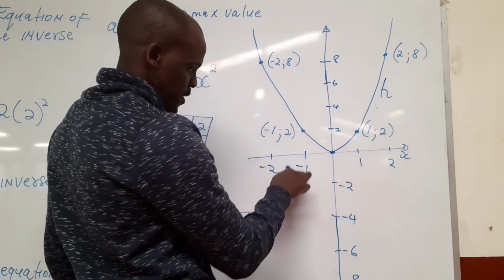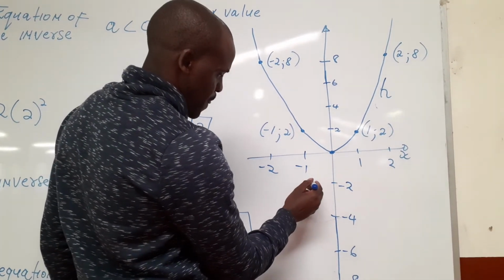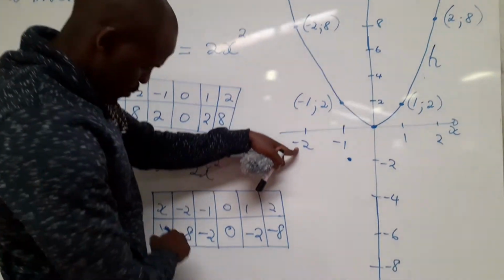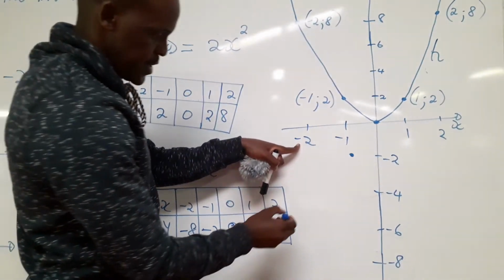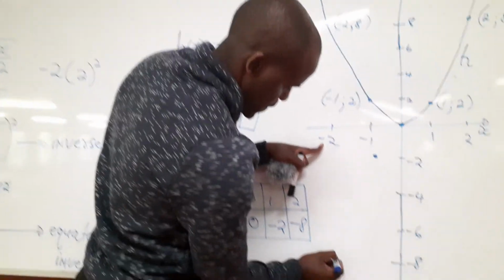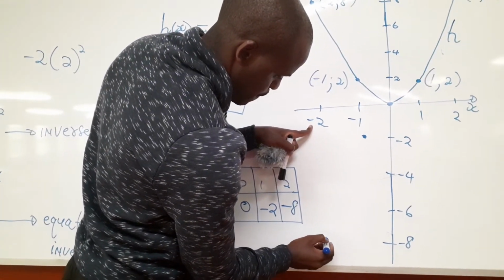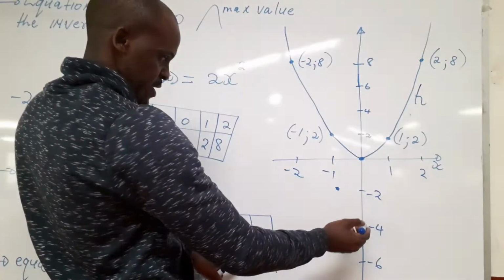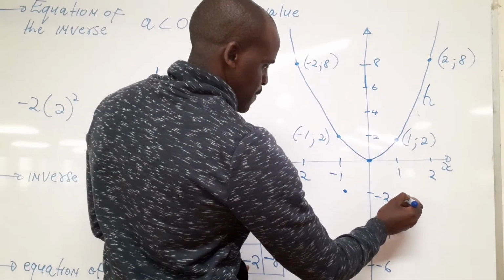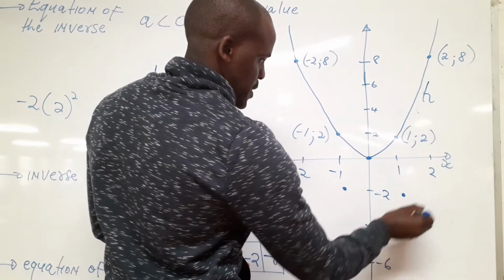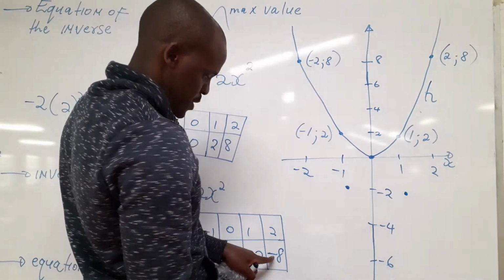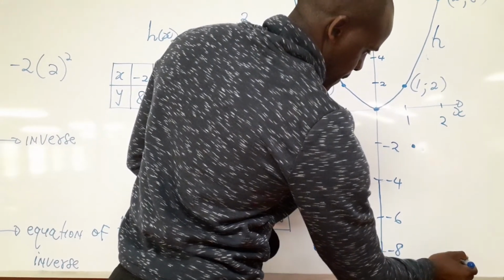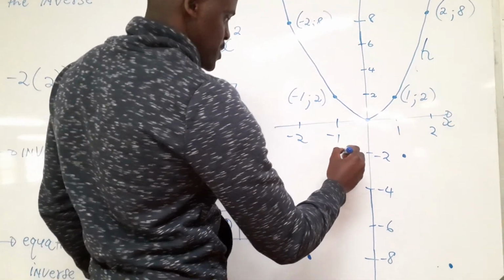X is -1, y is -2. X is -2, y is -8. X is 1, y is -2. That's where it is. And then 2 is to -8, like that. Let's join our points.